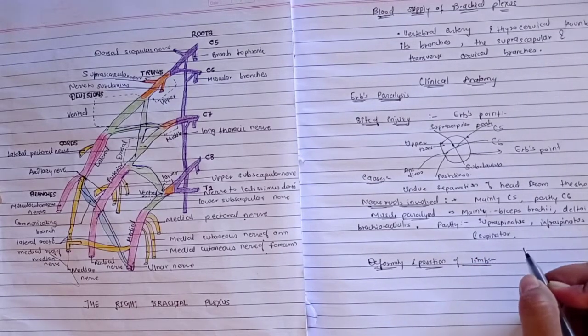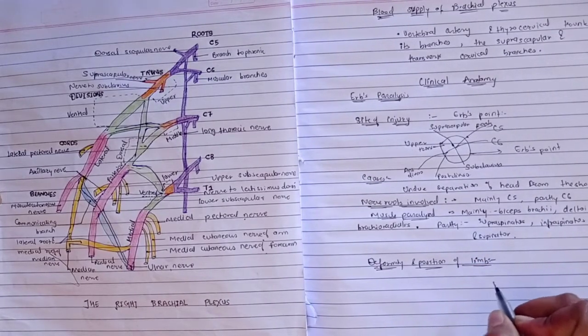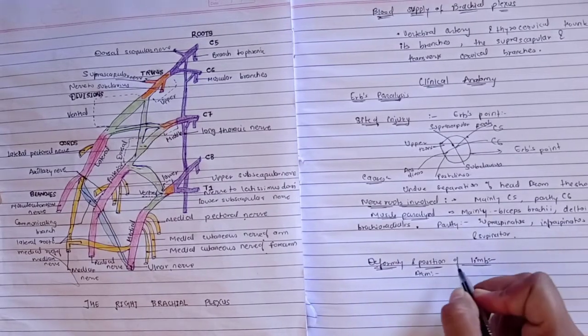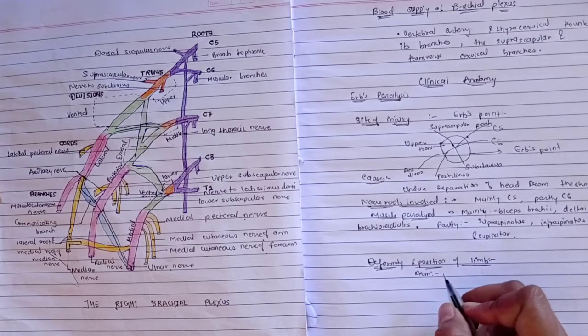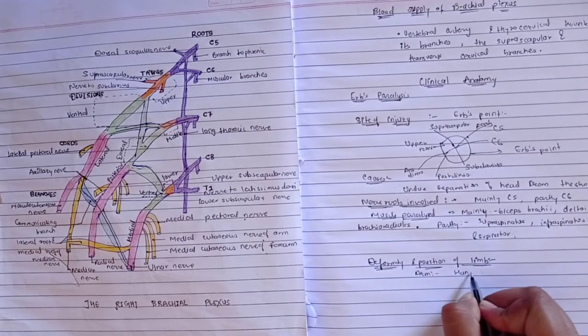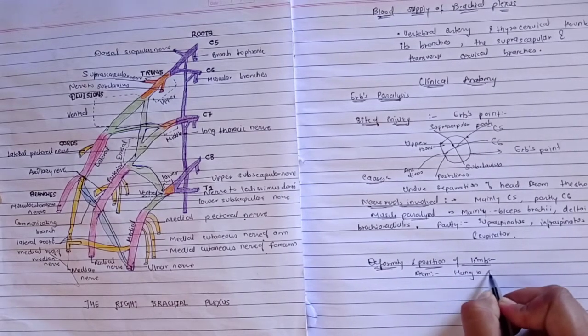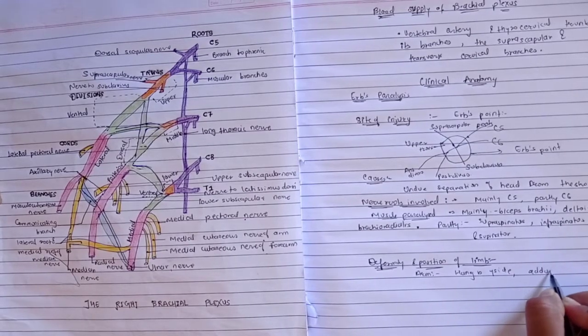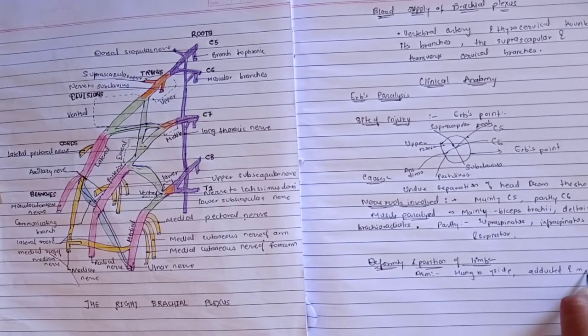Then the deformity and the position of the limb. The arm hangs by the side, adducted and medially rotated.